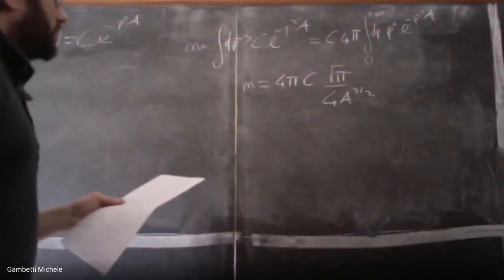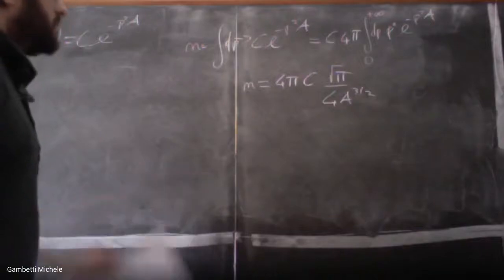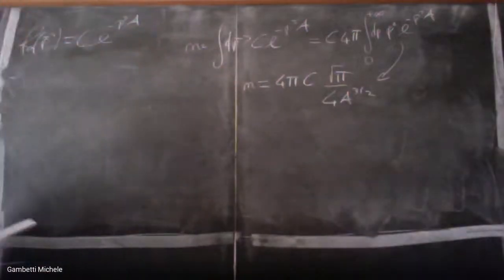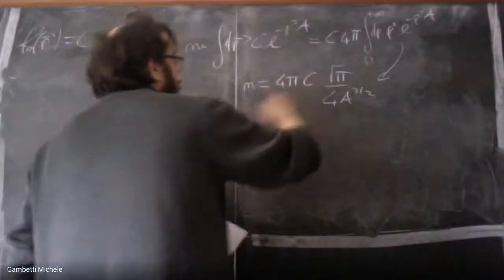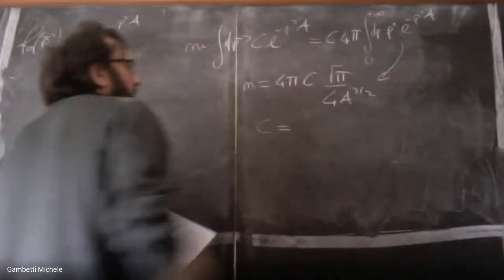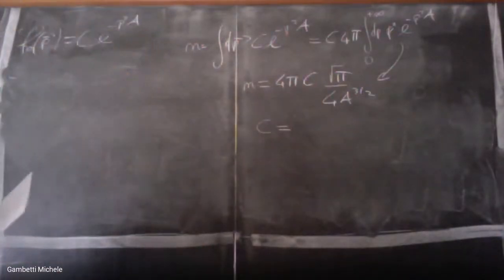Okay, so one can do this integral and get this. Now, from this, I get the normalization constant, because then C is equal to n times a to the 3 half, divided by pi to the 3 half.